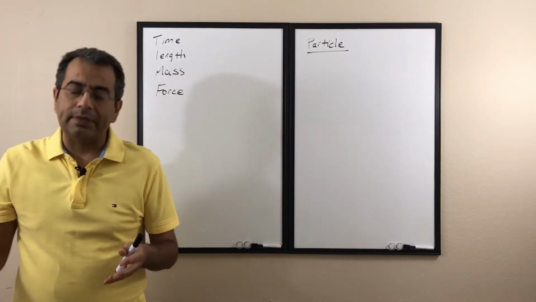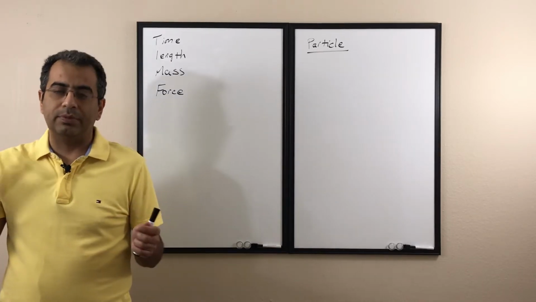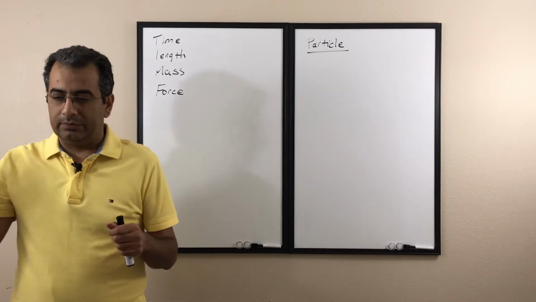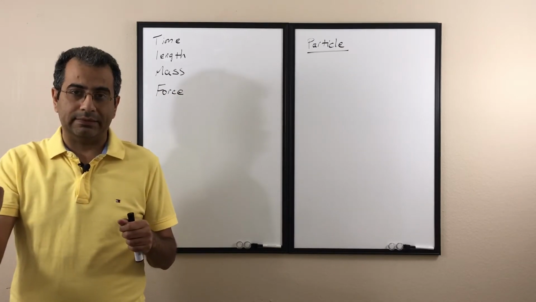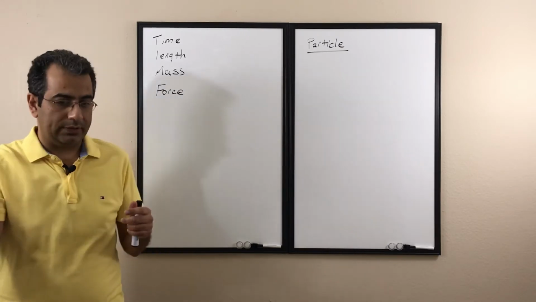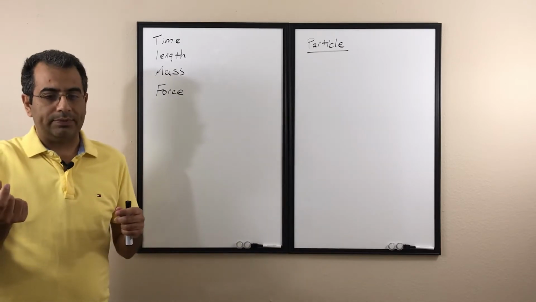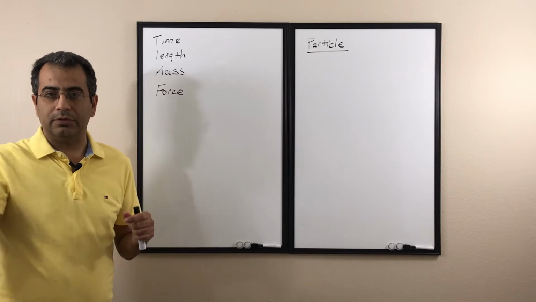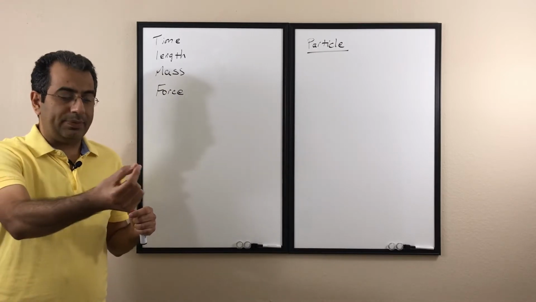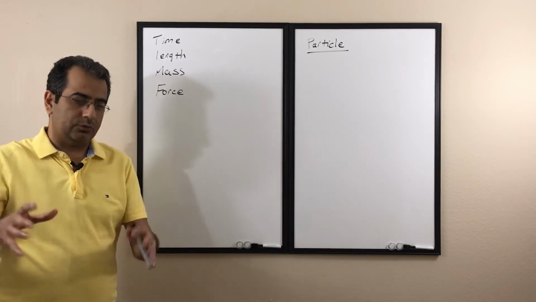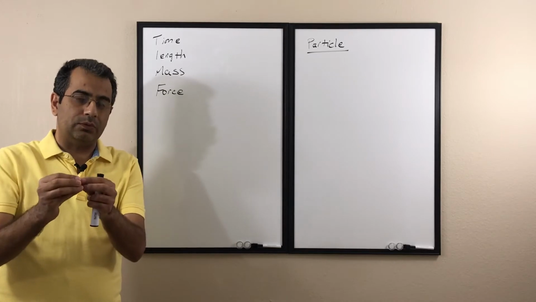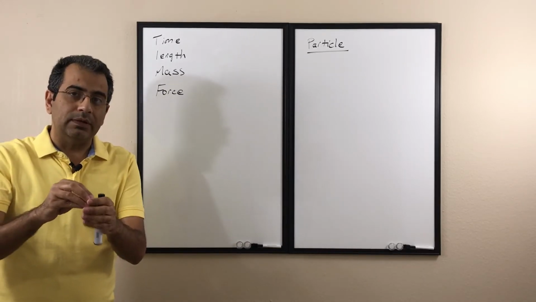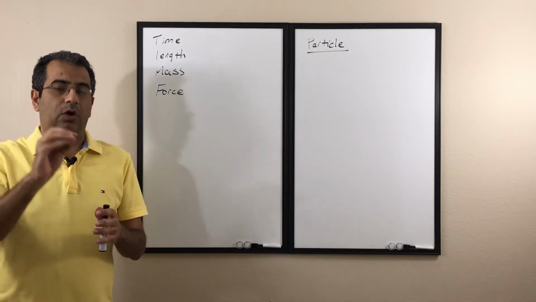For example, assume a planet that goes around the sun. Most of the time, you can ignore the size of the planet compared to the orbit it travels around the sun. So we can assume it as a single point, and we concentrate all the mass at that single point.